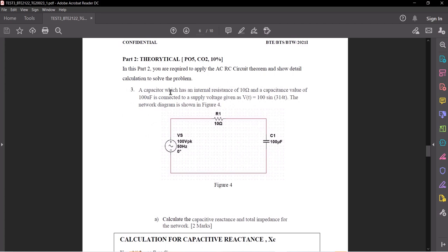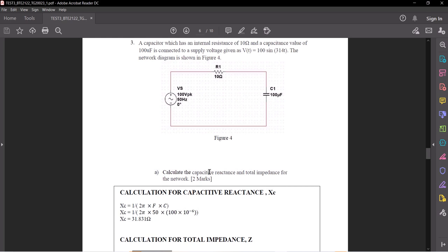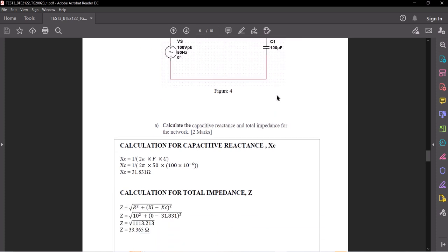Okay, so we have to calculate the capacitive reactance and total impedance for the network. So this is the circuit. We have 100 volts peak, 50 hertz, R1 is 10 and C1 is 100 microfarad.